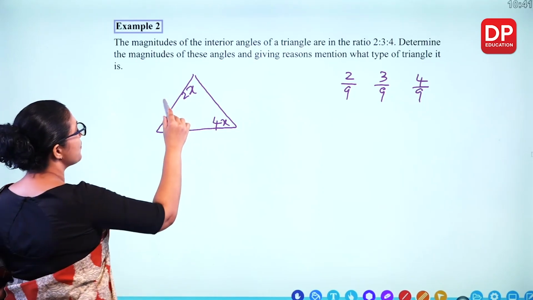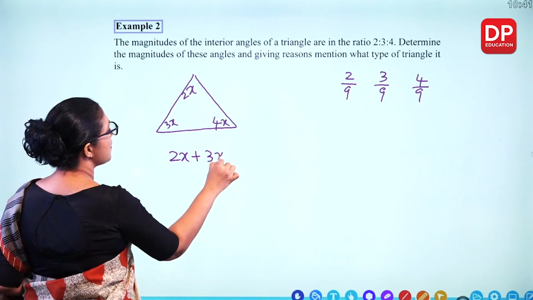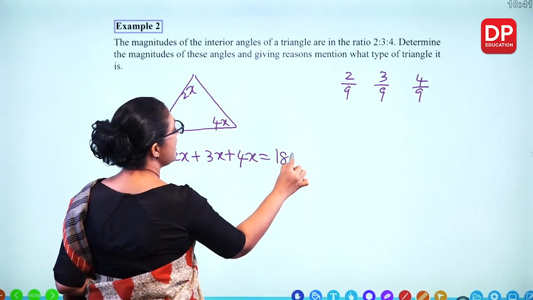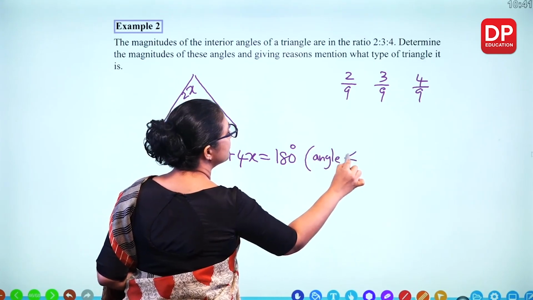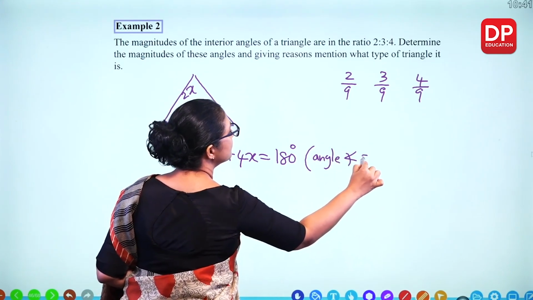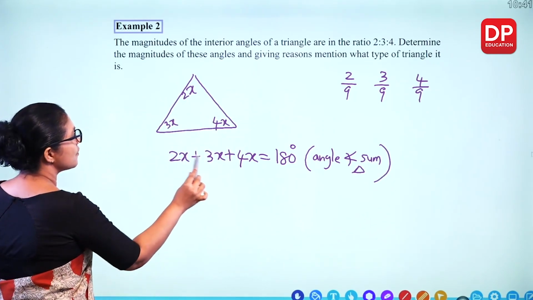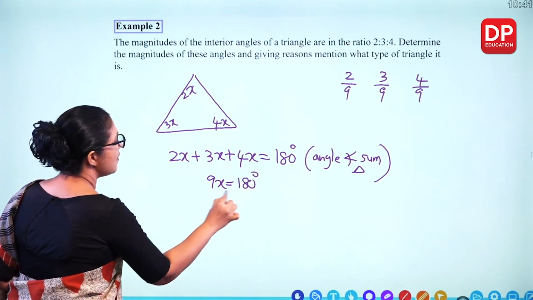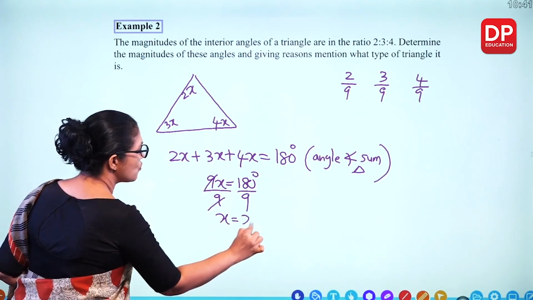I'll do this way. 2x plus 3x plus 4x is equal to 180, angle sum of a triangle. Five plus 4, 9x equals 180. When you divide this by 9, x equals 20 degrees.